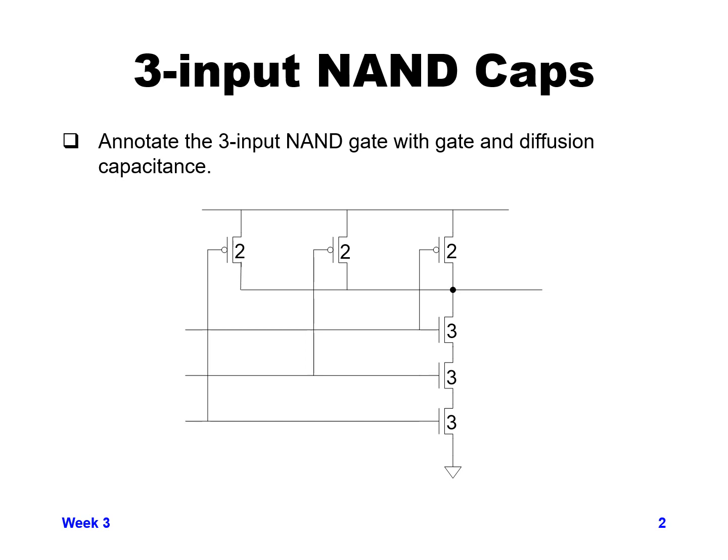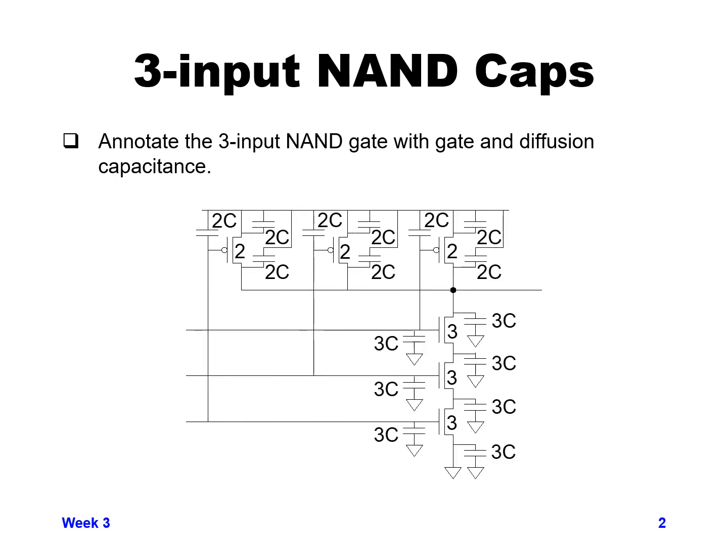Now let's annotate this with the gate and diffusion capacitance that we wind up getting from this type of device. So you can see for each of the PMOS, the source, drain, and gate are all 2 times C, since they're unit 2 size transistors. And for the NMOS, each of the devices is 3 times the capacitance value of a unit device because they're a size 3 transistor.